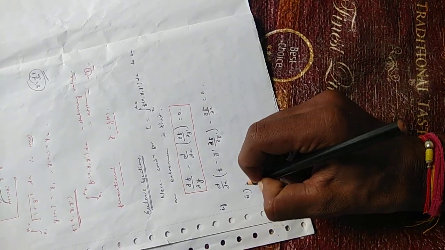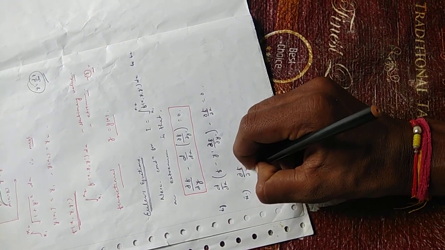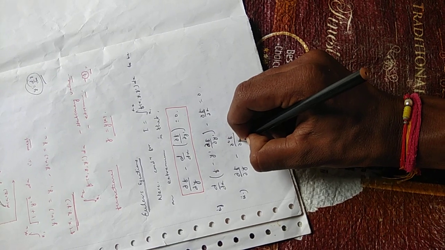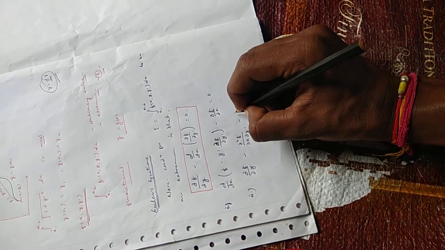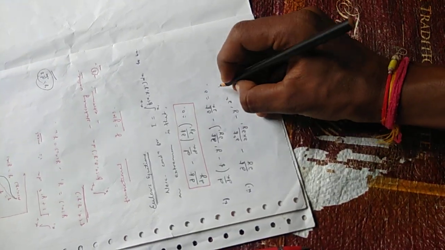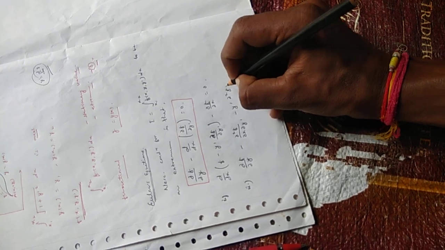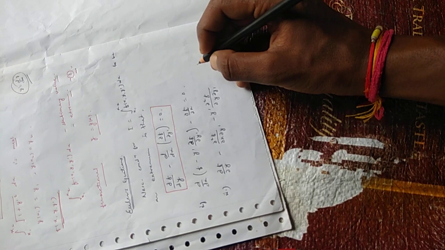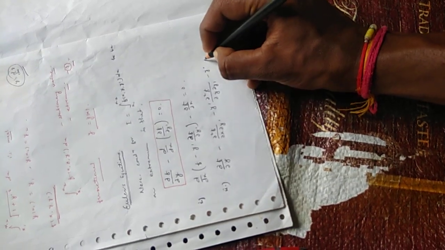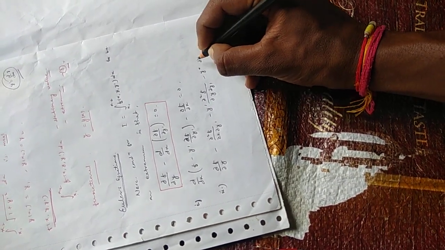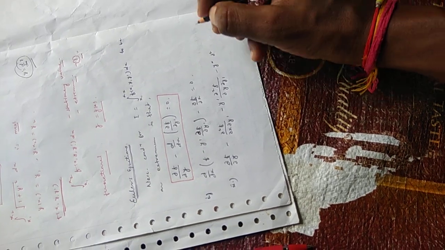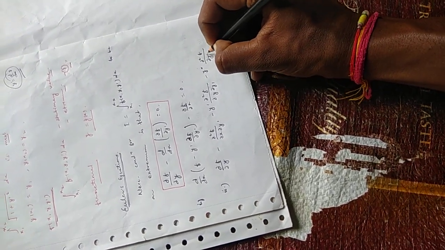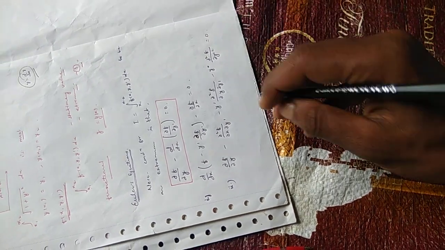And the second one: curly f upon curly y minus curly 2f upon curly x curly y dash minus y dash upon y dash into curly 2f upon curly y dash minus y double dash, meaning second derivative, curly 2f upon curly y dash square equals 0.